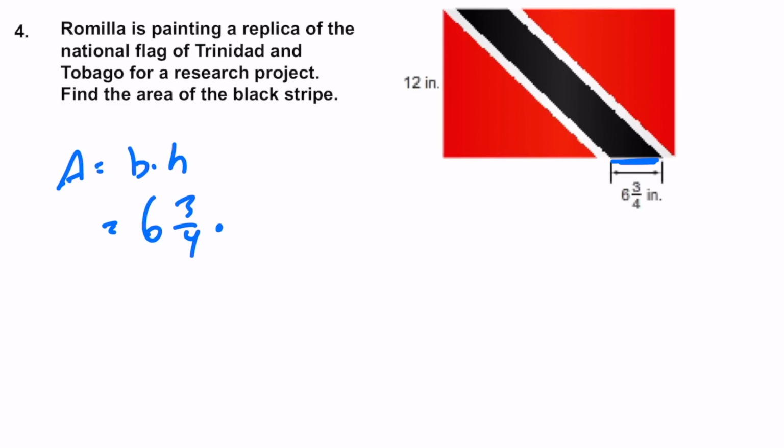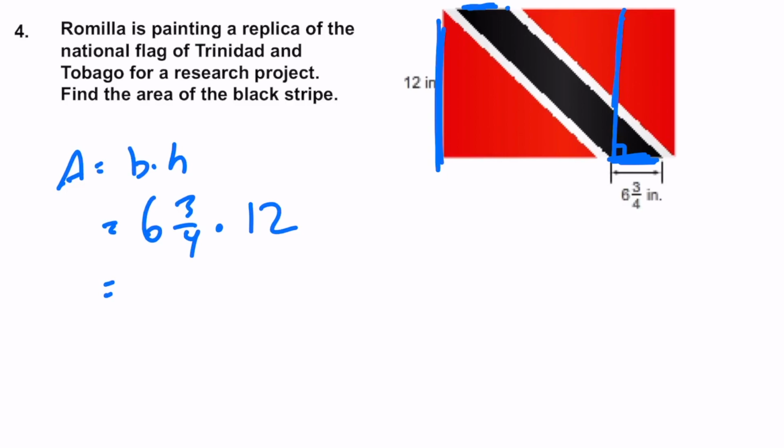So the height is how far it is from here to the top over here, but perpendicular. So if I go from here to here like a perpendicular line, well, this line here looks the same as this line. So what I can do is just go times 12, because that's the height. So now you just have to multiply those two together. If you forgot how to multiply, you make these into improper fractions.